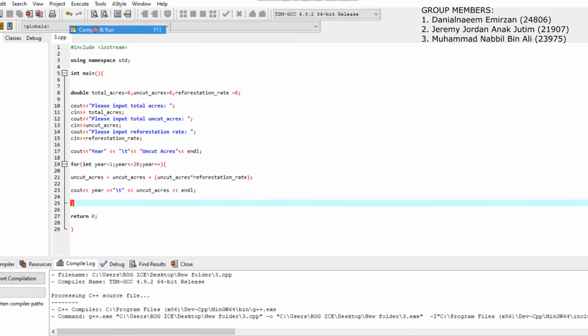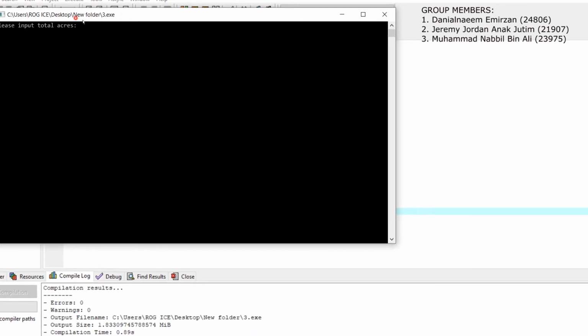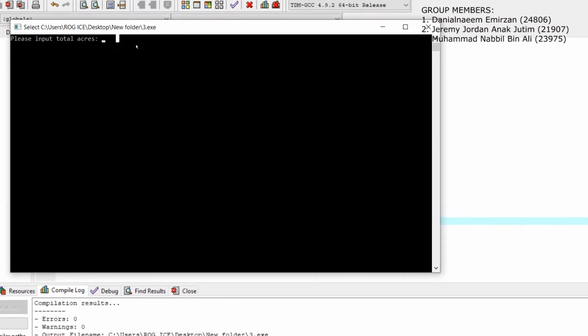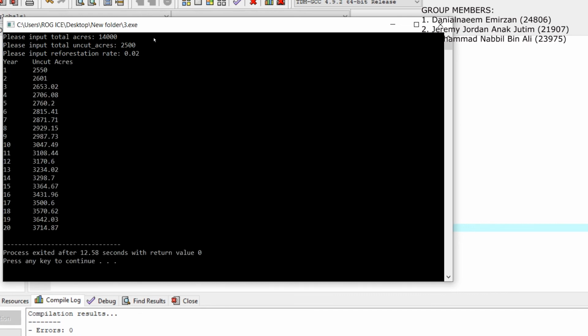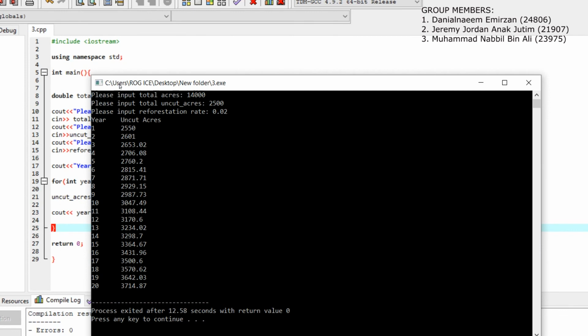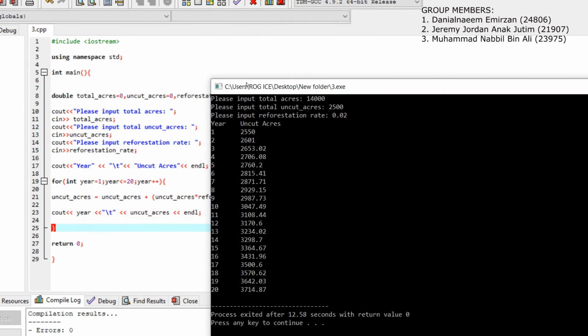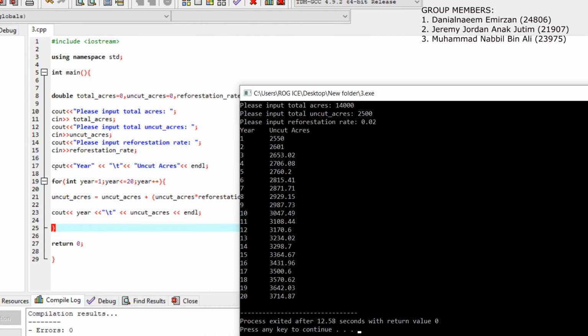Let's compile and run. So now the input total acres is 14,000 as mentioned in the question, with the total uncut acres of 2,500 as mentioned in the question also, with the rate of 0.02. Okay, as shown here, this is the line I mentioned just now.